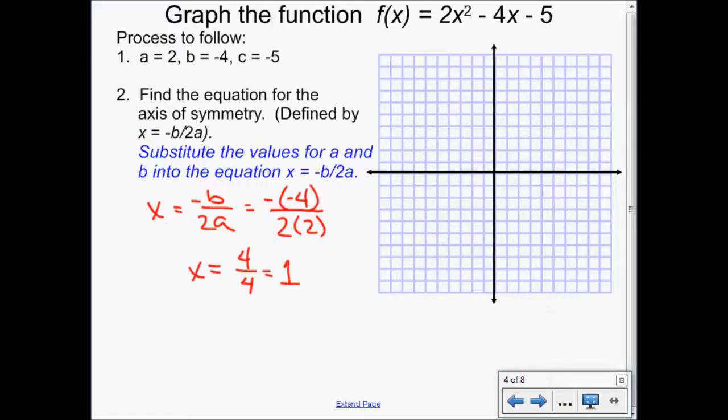And that gives me an axis of symmetry of x equals 1. I'm going to go ahead and graph my axis of symmetry using a dotted line. And I'm just going to dot down the x equals 1 line. The axis of symmetry splits my quadratic graph in half so that the sides are mirror images of each other.